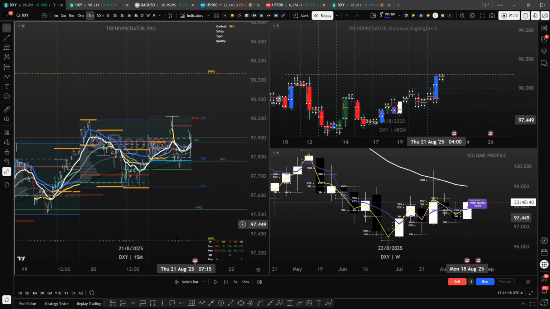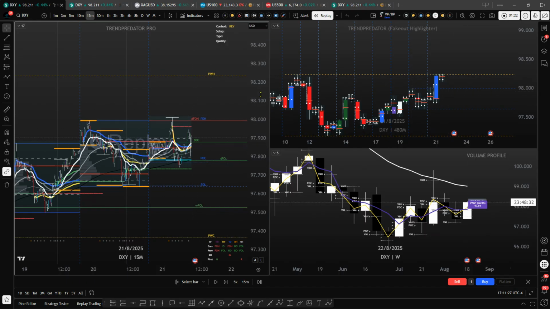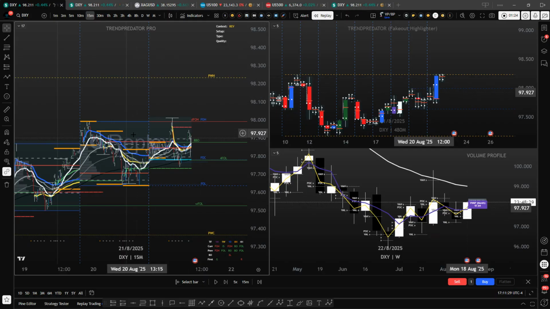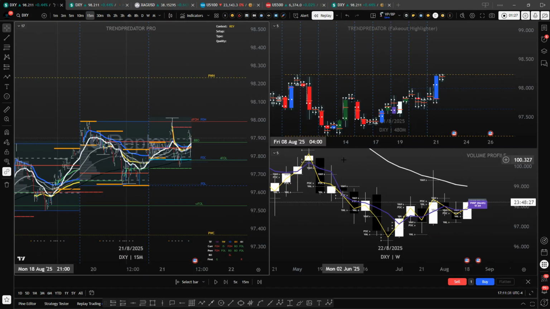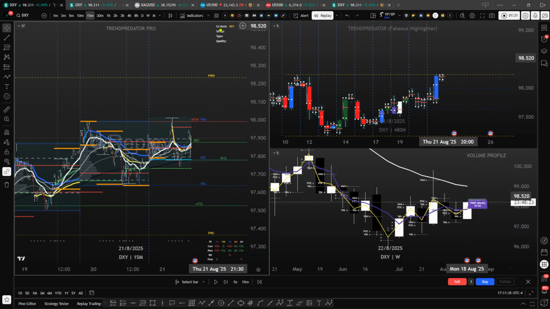So, coming into the New York session today, we had a relatively mixed picture, didn't we, with the US dollar? If you look here on the left, first of all, using the TrendPredator, there's no setup, but there is a reversal context, and it's a reversal context because the market broke the high of yesterday and moved back inside.